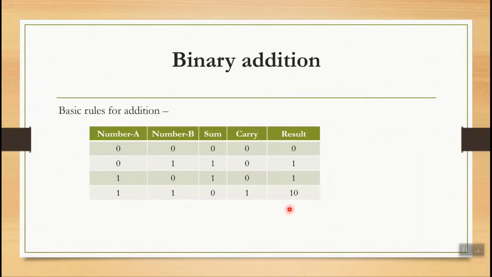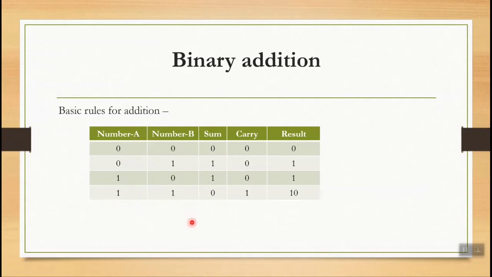Before we go for addition, here are some basic rules we should remember. We know that a binary number has only two digits, 0 and 1. So suppose A and B are two numbers. What are the combinations? 0, 0; 0, 1; 1, 0; and 1, 1.